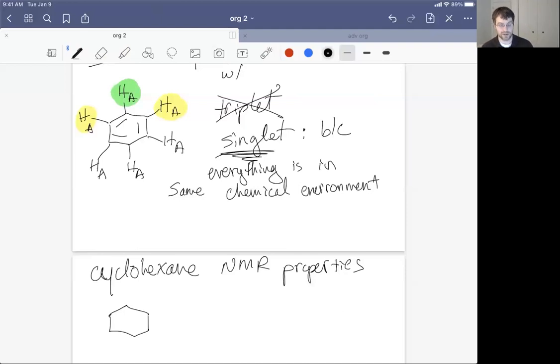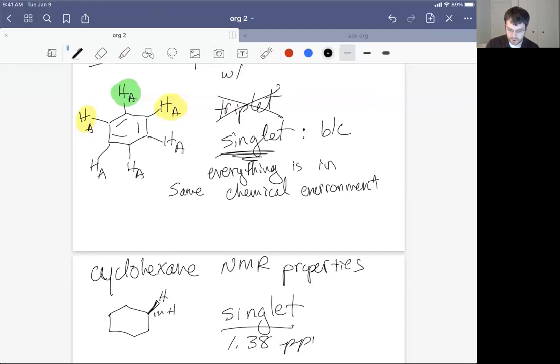It just has double the number of hydrogens. There's a hydrogen up and a hydrogen down. And so we actually observe a singlet for this molecule. And I know that chemical shift. That chemical shift is 1.38 parts per million. So that's due to symmetry, right?